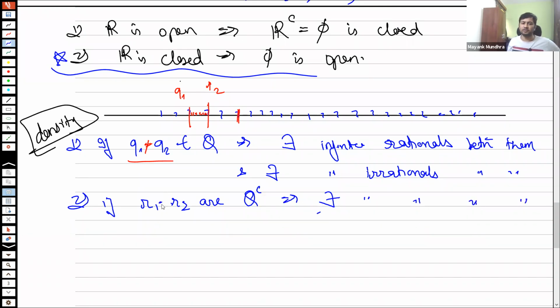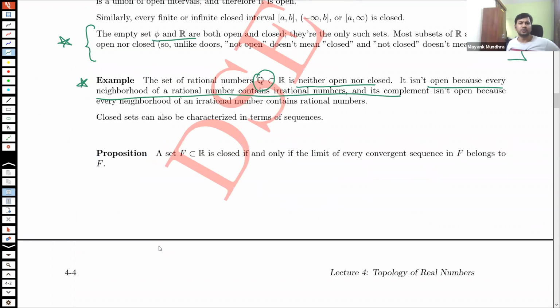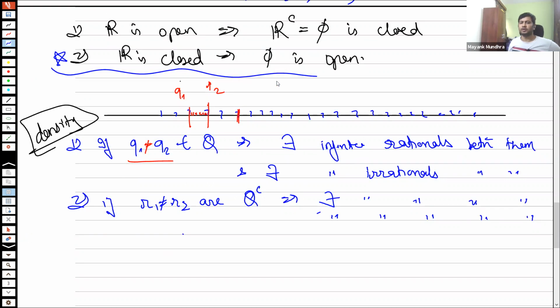Again, R1 not equal to R2, and there exist infinite irrationals between them. So these four concepts are related, but very easy to remember. This is going to help us prove that the set of rational numbers is neither open nor closed.